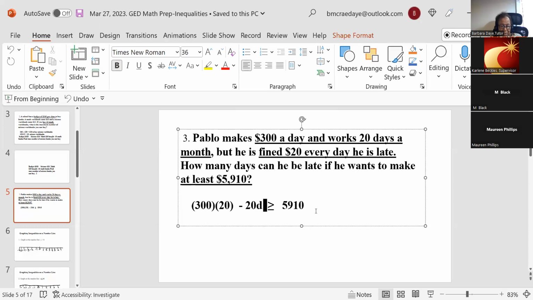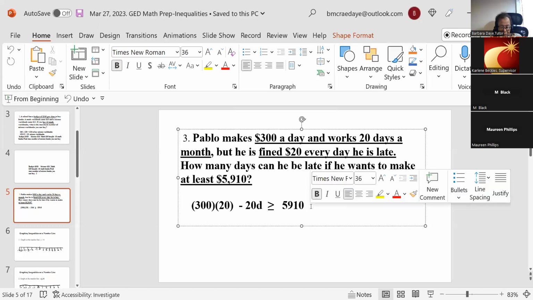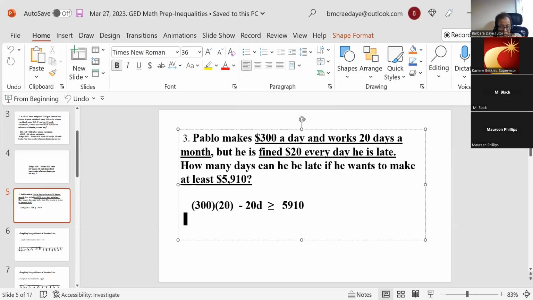Anybody solve for the D? You put the 6,000, right? Keep going after the 6,000. 6,000 minus 20, and he is 4,000 D. Where are you getting 4,000 from, Maureen?